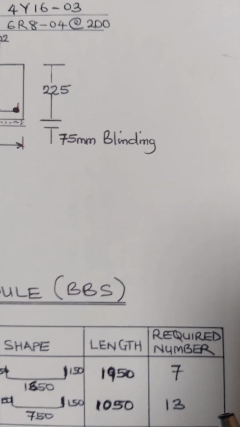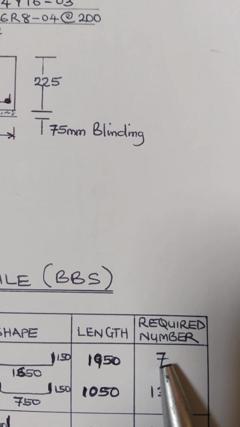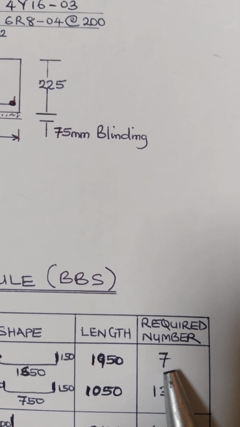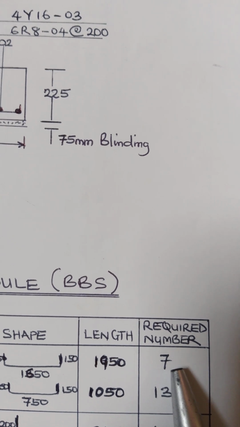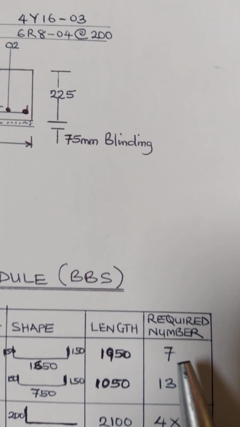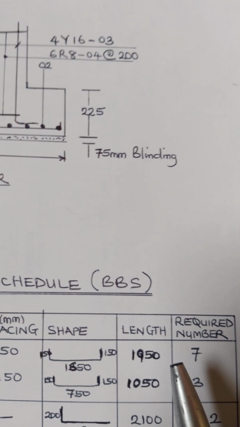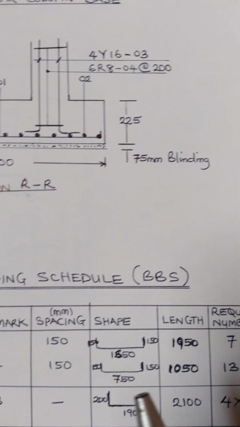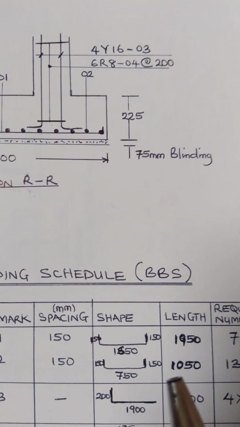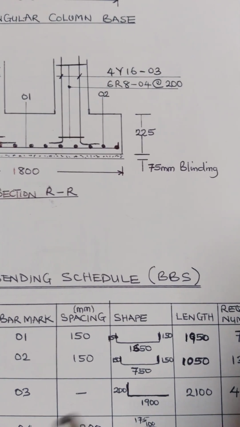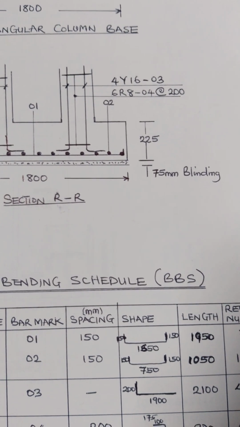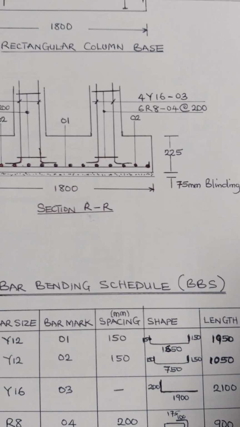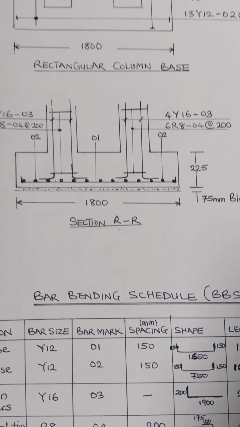Now they are expected to cut 7 in number. They are expected to cut this length into 7 pieces. So you can see now this is a guide to the steel fitter. With this information, he can do his work at ease without any form of stress or confusion.